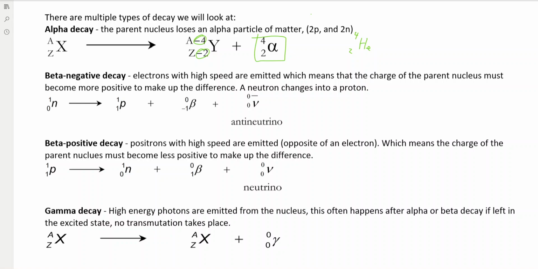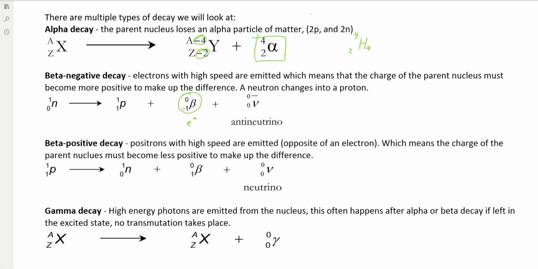element. Beta negative decay is interesting because what happens is that a neutron turns into a proton. So that sounds like it should become beta positive because it turns into a proton, but what actually is happening is it's shooting off an electron. This is the other way we could write it, but we call it a beta particle or beta negative particle, which is just an electron.